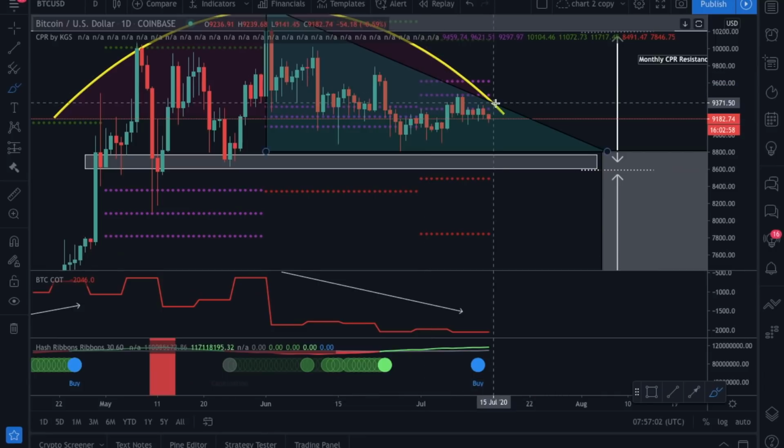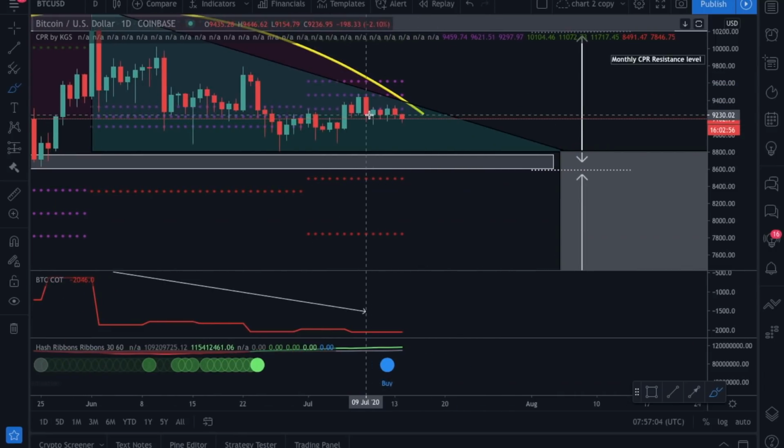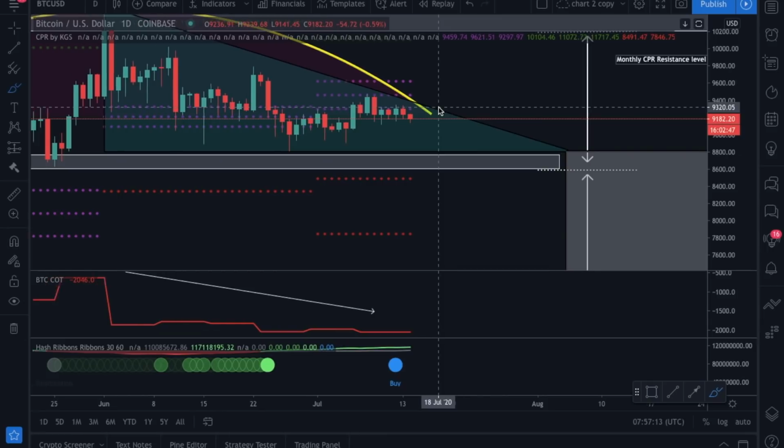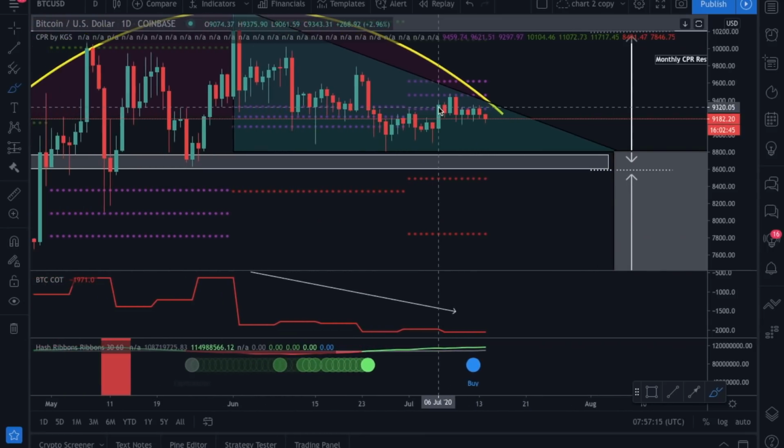And now this monthly CPR is blocking the price. So you can see after price reached the lower line of the CPR, it's getting very hard to break above it, because this monthly CPR in an uptrend is going to act as a support, but in a downtrend, when the price is heading to the downside, this CPR level is going to act as a very strong resistance.